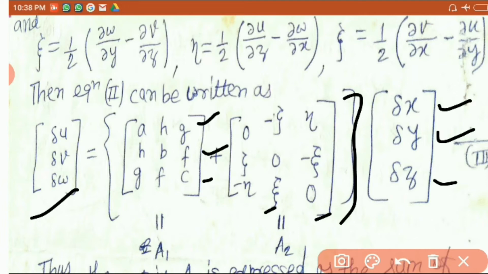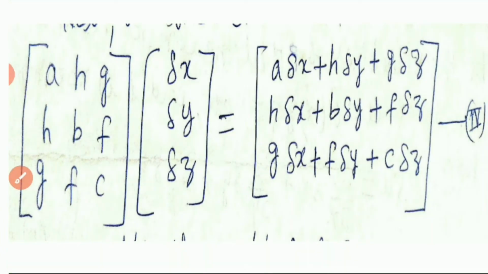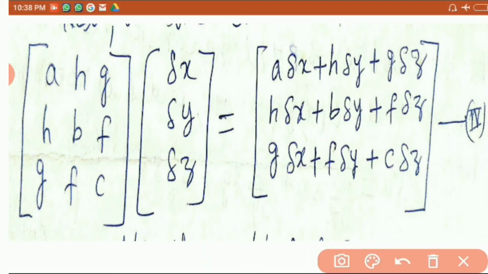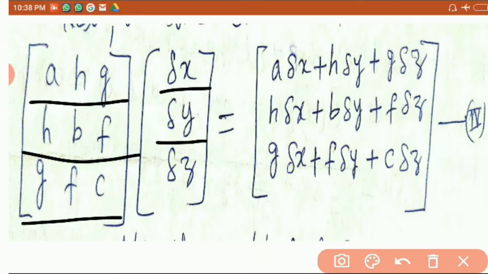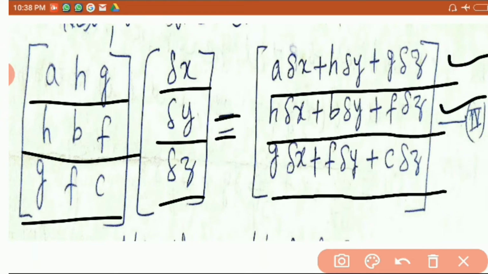First we observe that the matrix (A, H, G; H, B, F; G, F, C) into delta x, delta y, delta z is equal to (A delta x plus H delta y plus G delta z, H delta x plus B delta y plus F delta z, G delta x plus F delta y plus C delta z). How does this come?